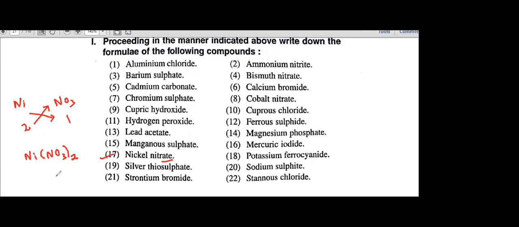Okay. Let us see 14. Magnesium phosphate. Mg for magnesium. So Mg valency 2 we know. What about phosphate? PO4.